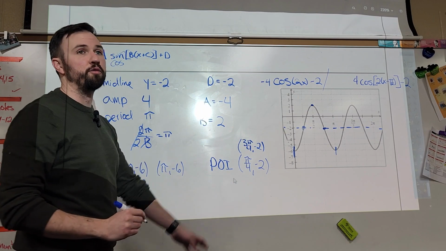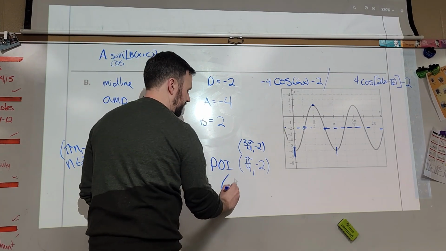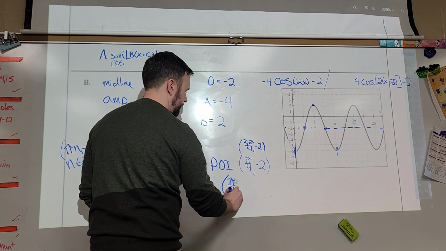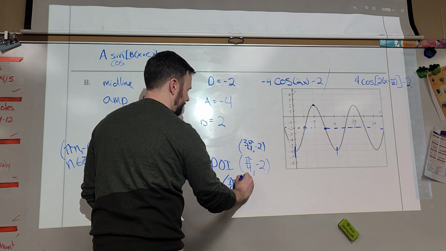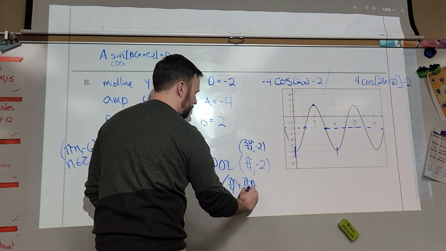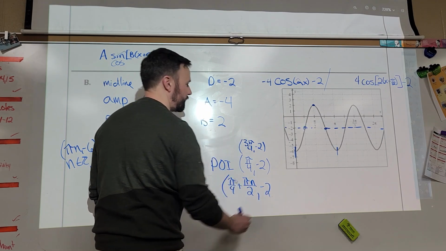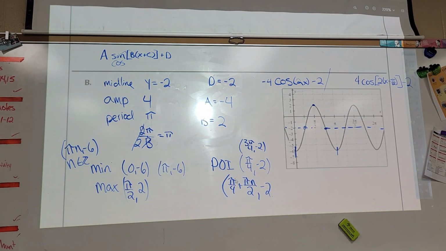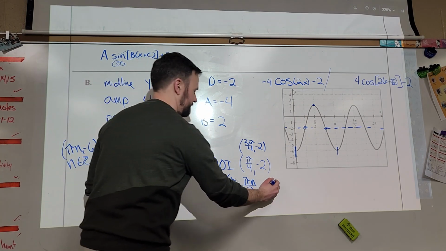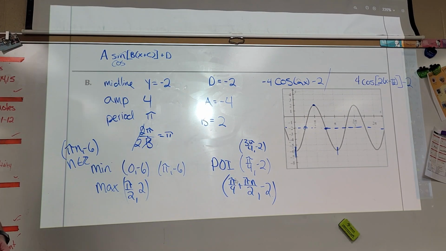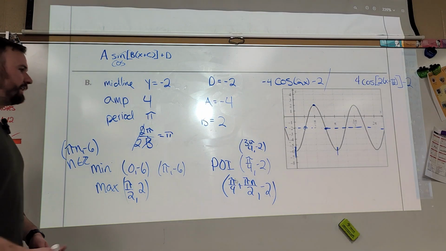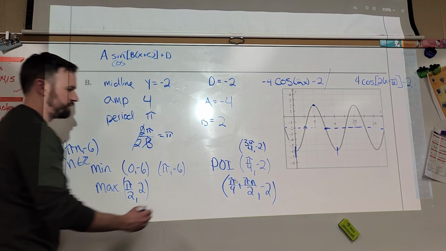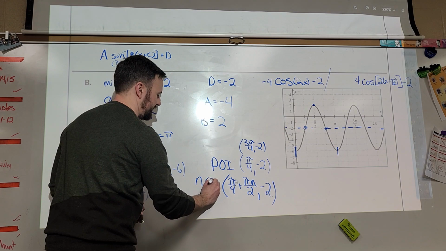Now again, if I wanted to write a rule for all cases, I would take my first one plus pi n over 2, -2, because it happens twice per period, so I have to divide my period in half. If I want it for all cases, where n is also numbers. N exists in the integers.